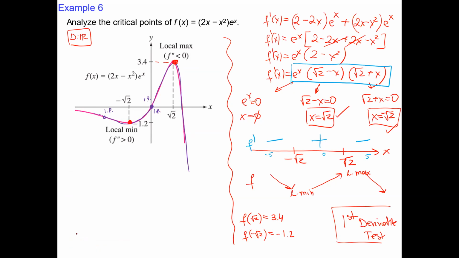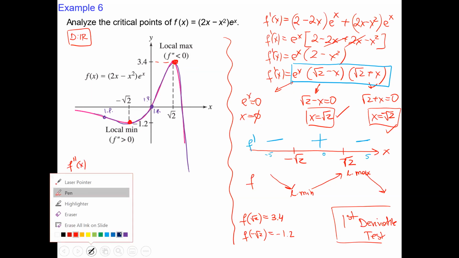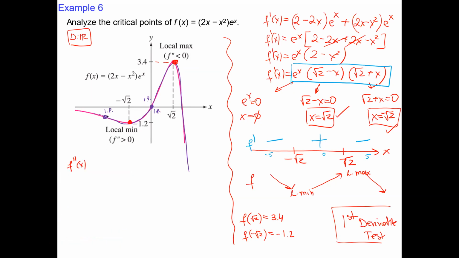Okay, let's find the second derivative because we're looking for these two purple points. I will take that form, e to the x times 2 minus x squared, and let's find the second derivative, product rule.